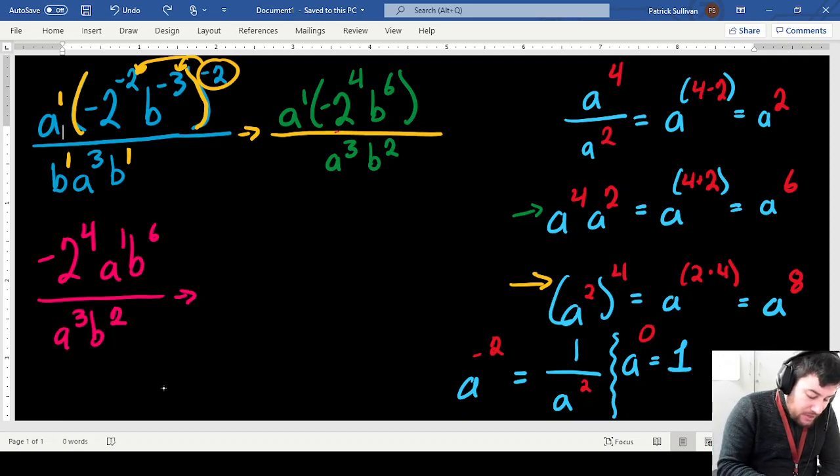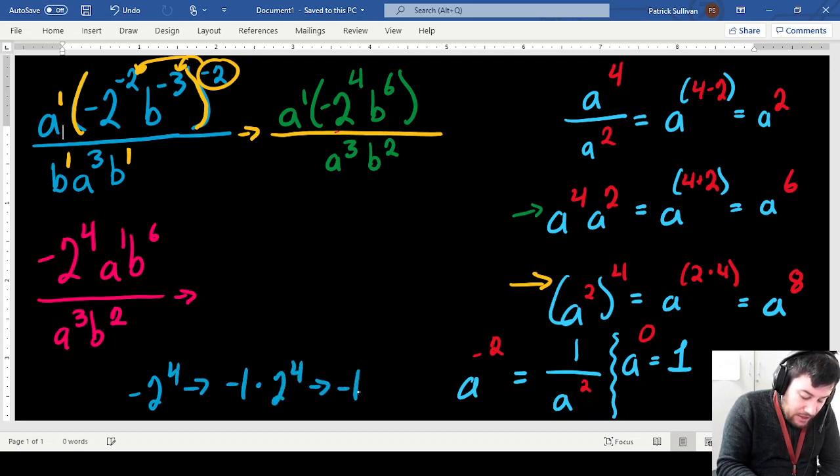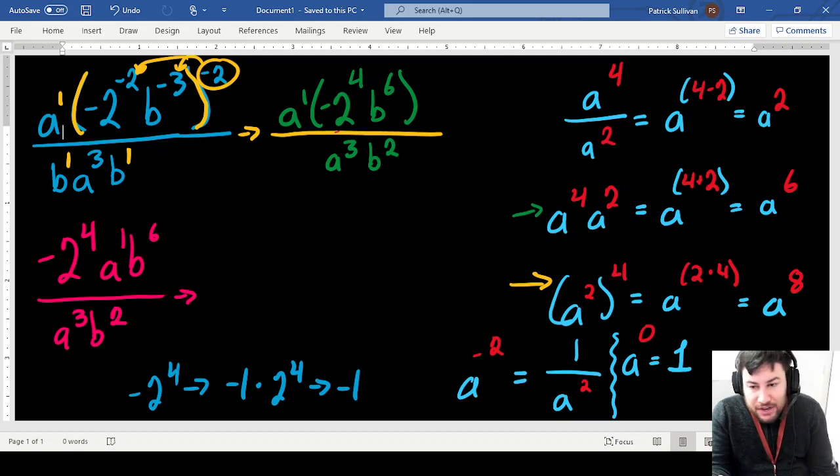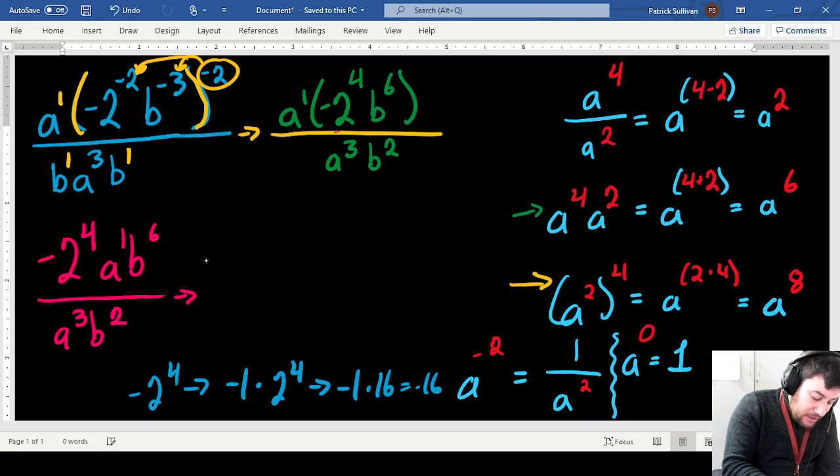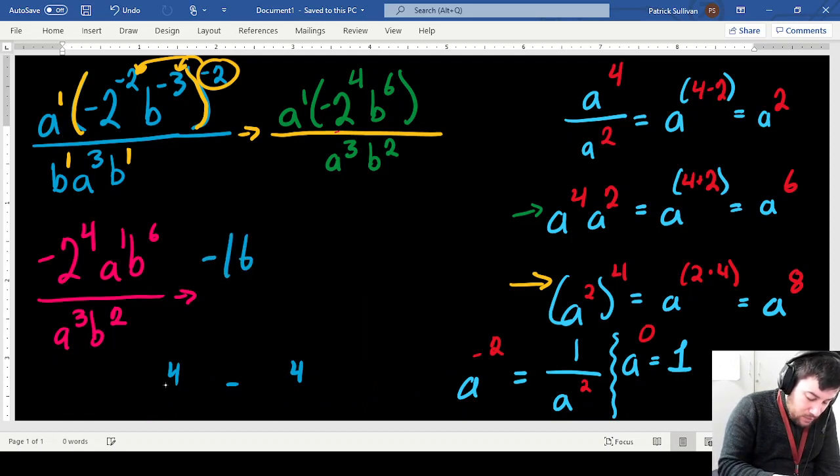Really what you're saying is -1 times 2 to the fourth. I would always use a calculator on this, but 2 times 2 is 4, times 2 is 8, times 2 is 16. So -1 times 16 is equal to -16. So we simplified the coefficient.